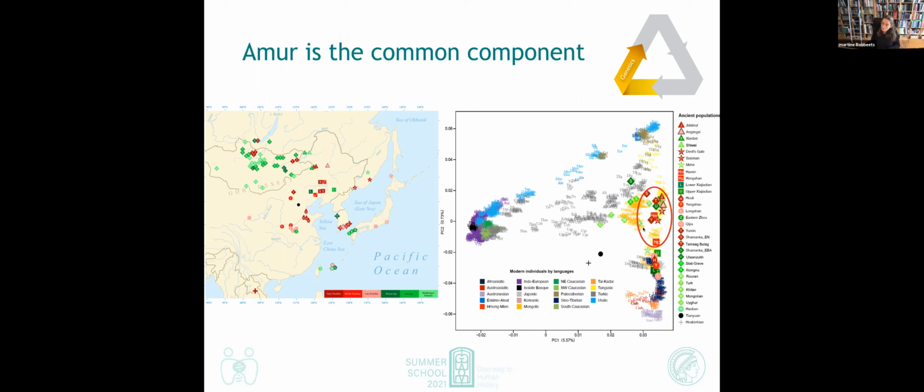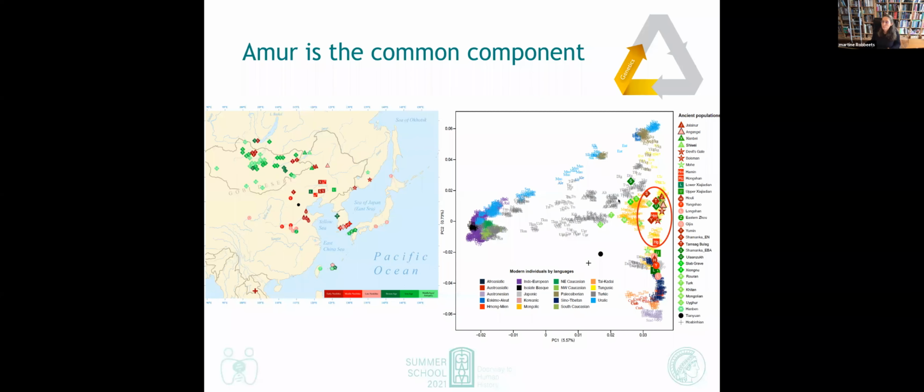So this cluster of ancestry is called the Amur-like component, or Amur-like ancestry. It is interesting to see that Amur-like ancestry today is not only present in these Tungusic people who are here marked in yellow, present-day Tungusic on the map, but also in present-day Mongolic, who are marked in orange on the map, and also to a certain extent in present-day Turkic in gray on the map, be it with varying degrees of east-west admixture.